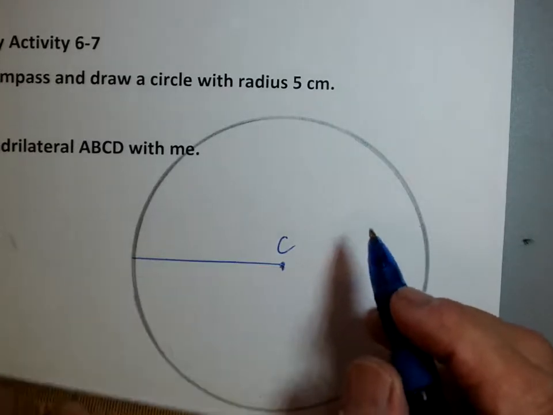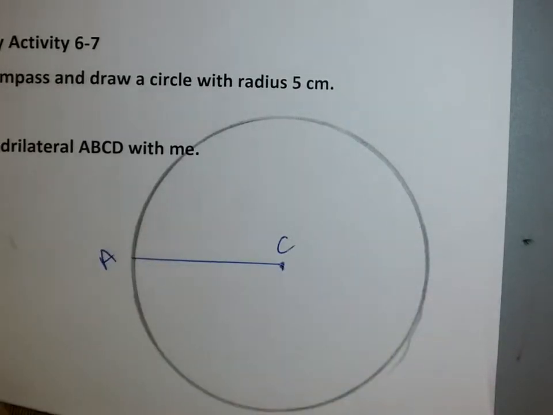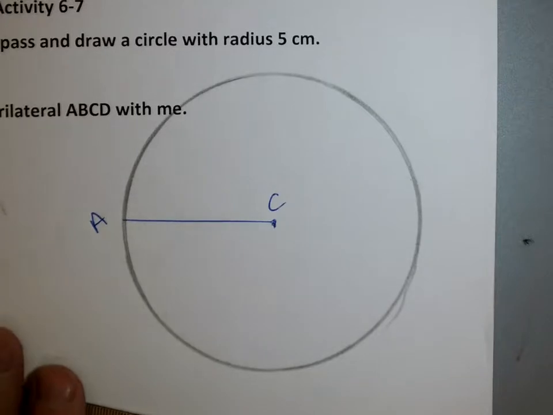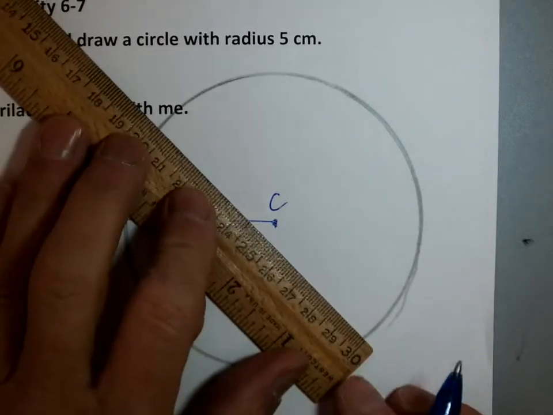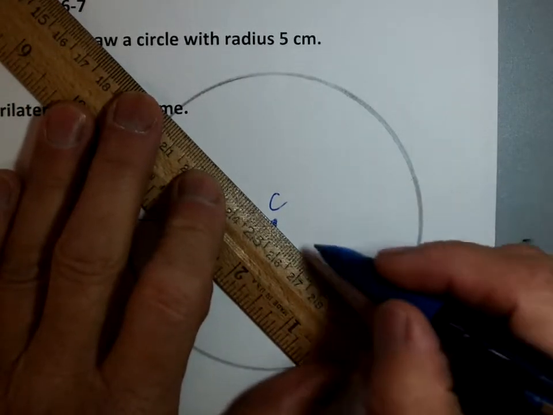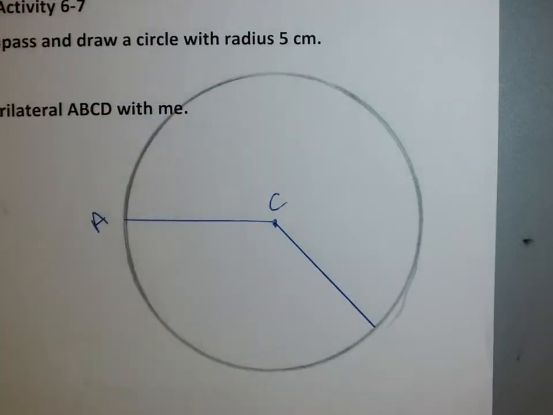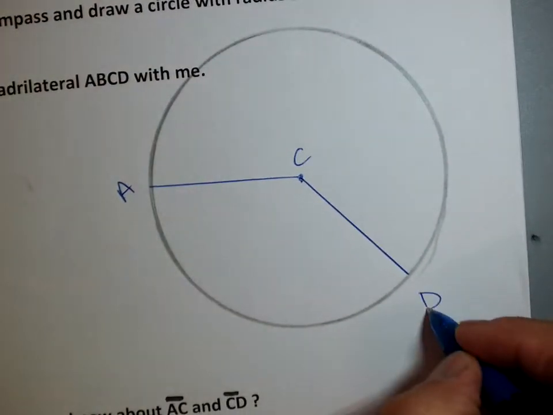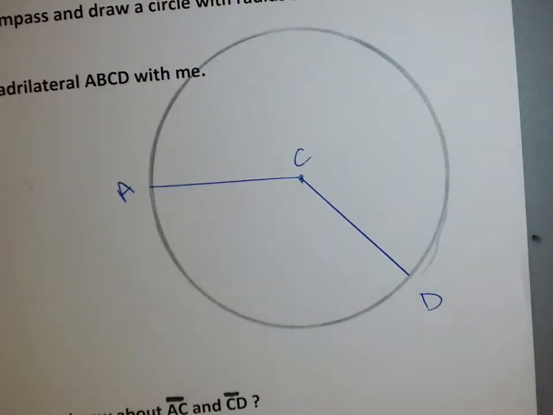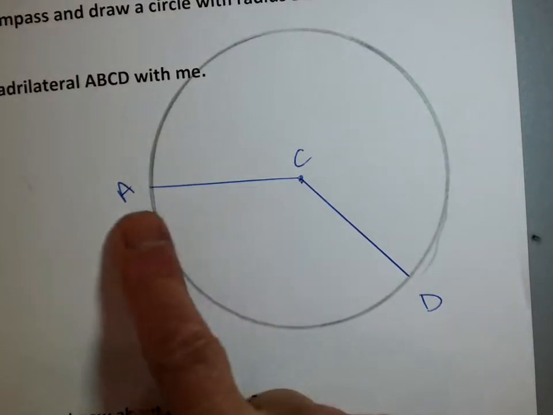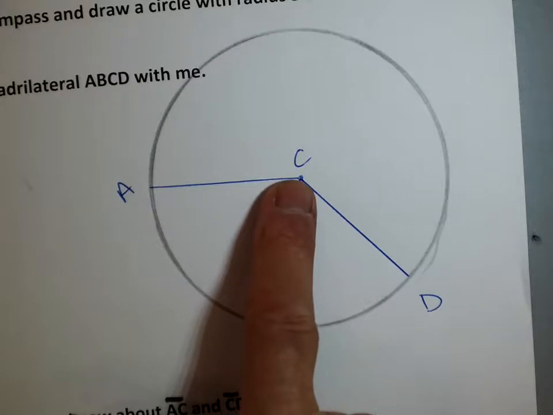We're going to call this AC, straight across. Then I'm going to draw this radius here, right down there, call that D. So I drew my circle, I made radius AC, and I made radius CD.